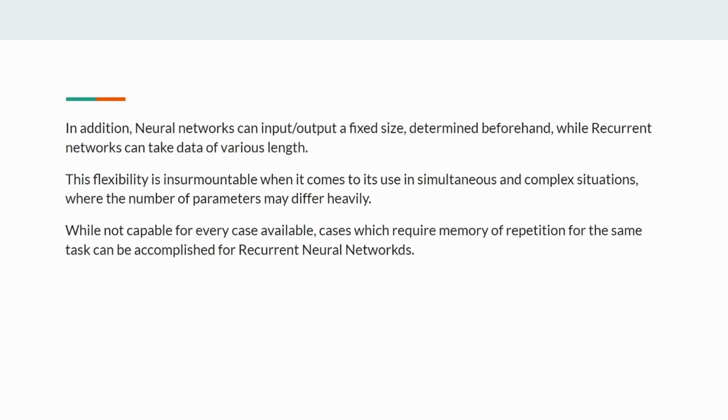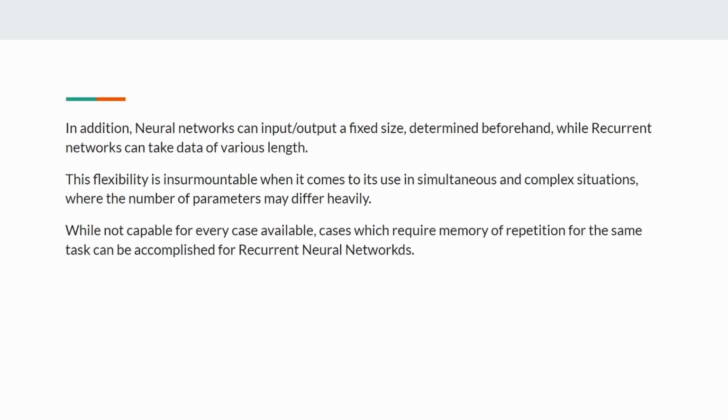In addition, conventional neural networks take input of a fixed size determined beforehand, while recurrent neural networks can take data of various lengths. This is a big flexibility.